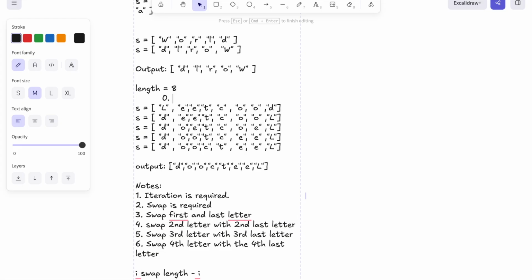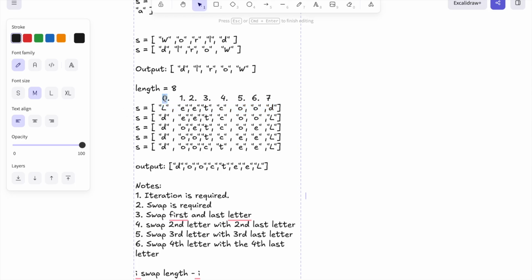If we try to do indexing here, it would be 0, 1, 2, 3, 4, 5, 6, 7. So 0 to 7 would be the indexing for this array.